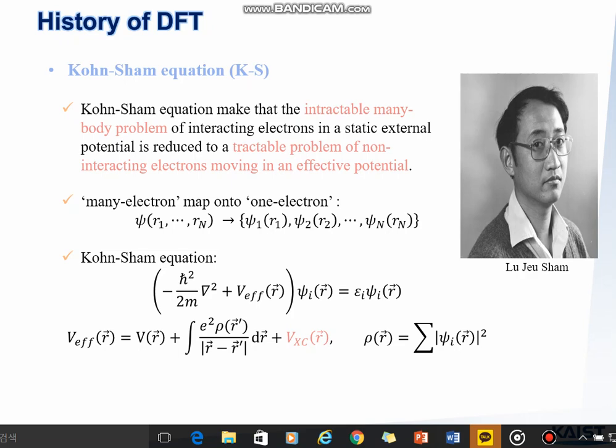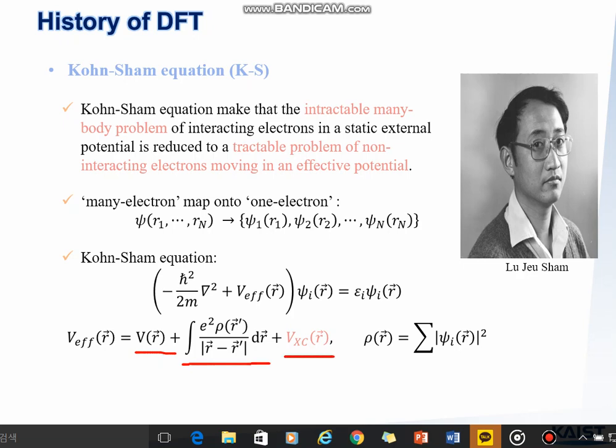Then, the many-electron wave function is mapped to several wave functions of one electron, and the following Kohn-Sham equation is solved. The first term of potential is the external potential, and the second term is the electrostatic interaction between electrons.